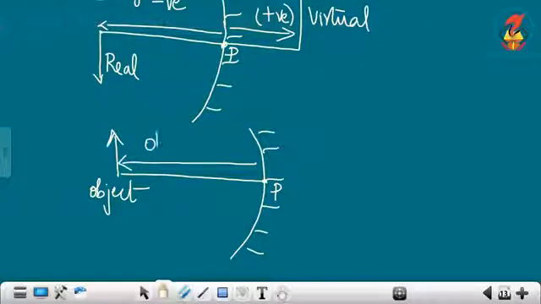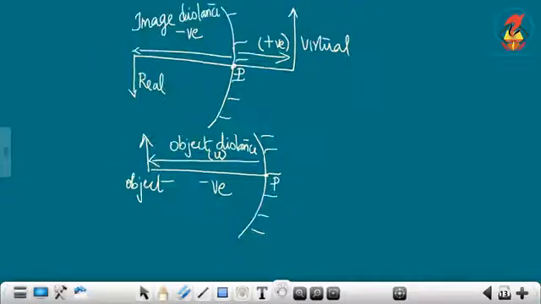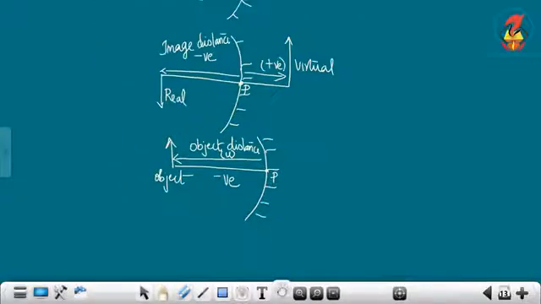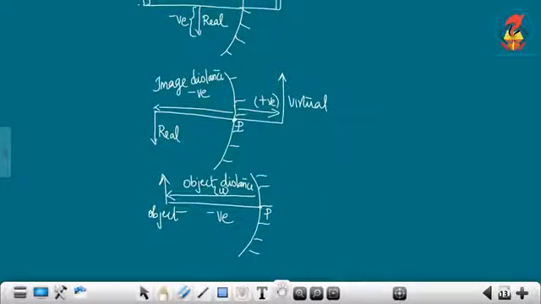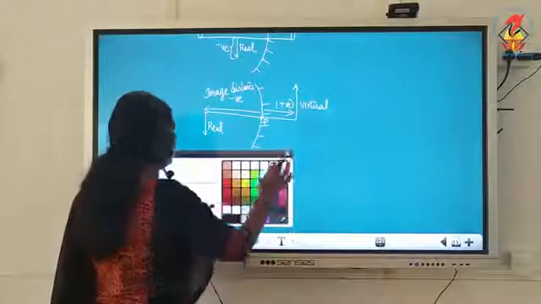That distance is known as object distance. It's represented by the letter U, that is always negative.